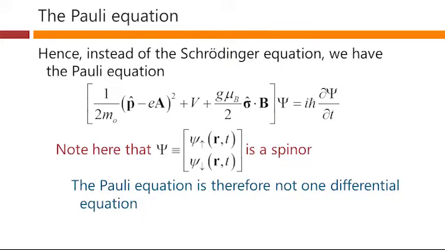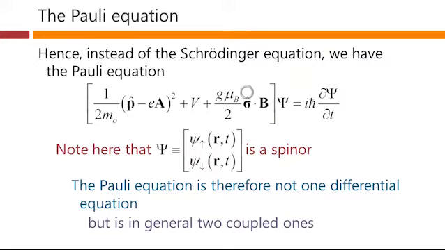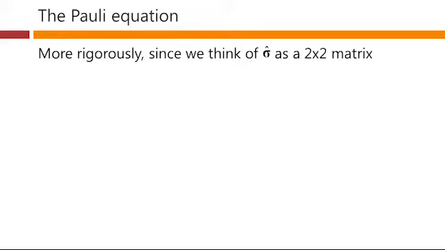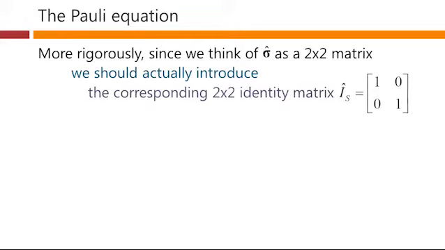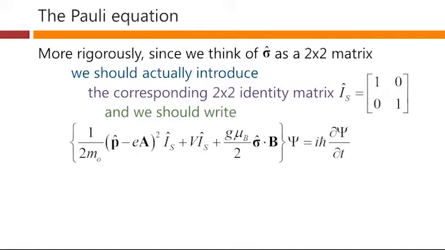So this Pauli equation is therefore not one differential equation. It's in general two coupled ones. And they're coupled actually through this term in the Hamiltonian. More rigorously, since we think of sigma hat as a 2 by 2 matrix, we should actually introduce the corresponding 2 by 2 identity matrix I_s, and we should write out the equation like this.